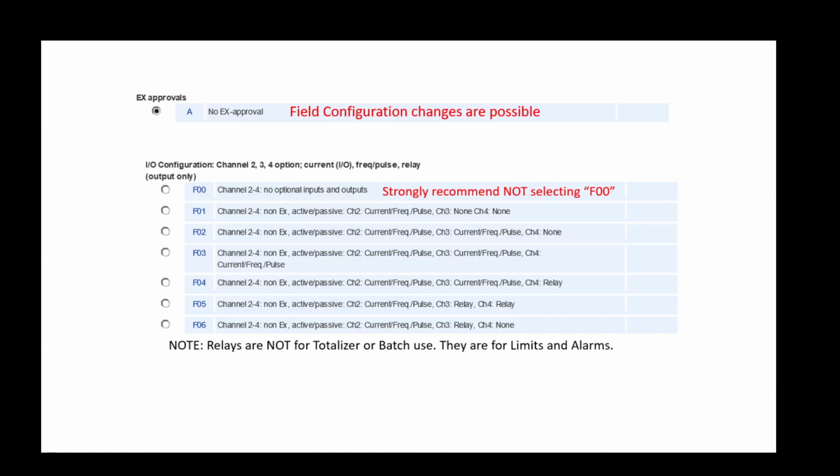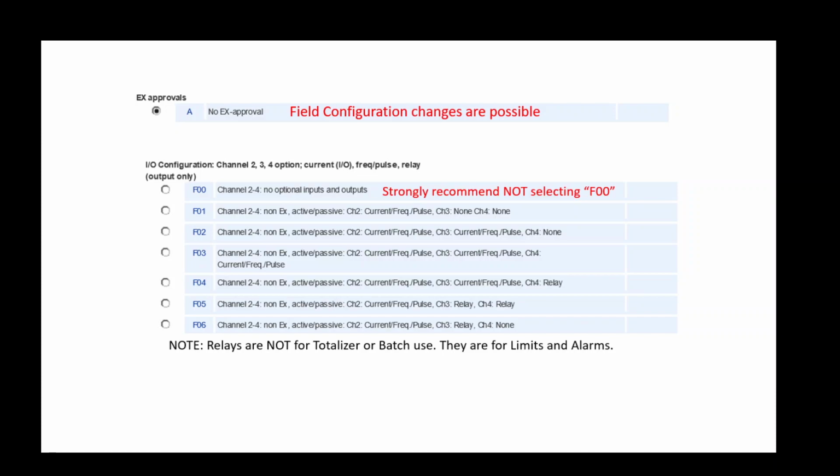For the F option codes, you have to be careful. If there is no EX approval, whatever you select for the F option code can be changed in the field. However, I still strongly recommend never using F00.